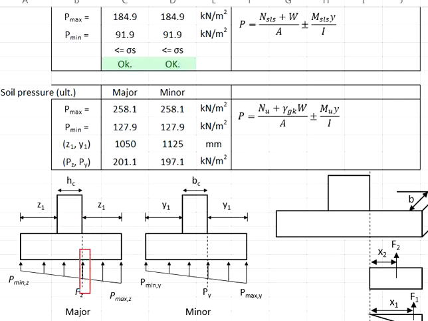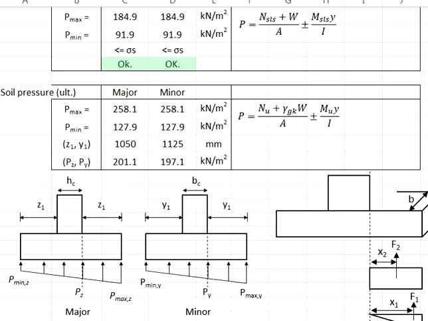For you to determine the stress on the column surface, you need to first find the locations of the surface of the column so that you can do interpolations from the changes of the stress due to the soil pressure. Therefore, we will need to determine the Z1 and the Y1.